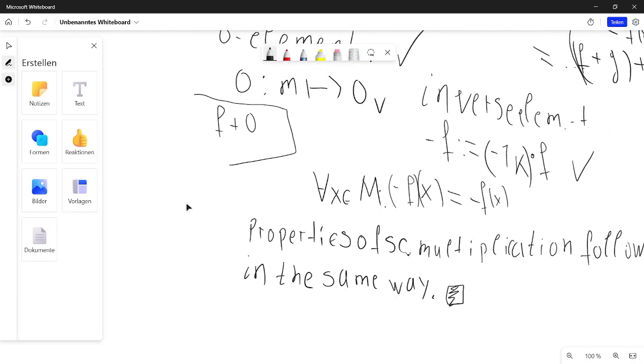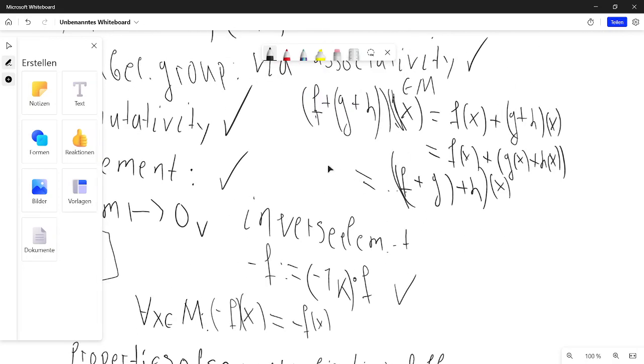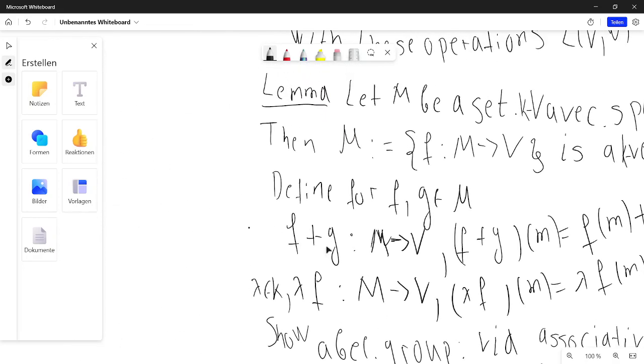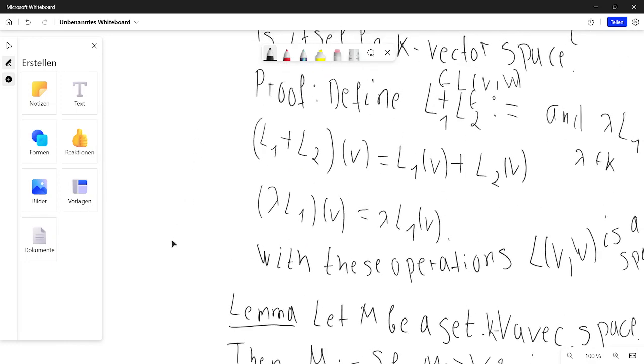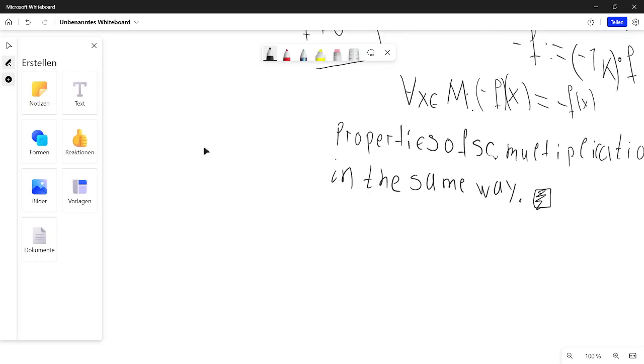Those functions themselves will constitute a vector space. That's cool, isn't it? And now we'll see how cool it is. And now you also see how mathematicians use some tricks, right?